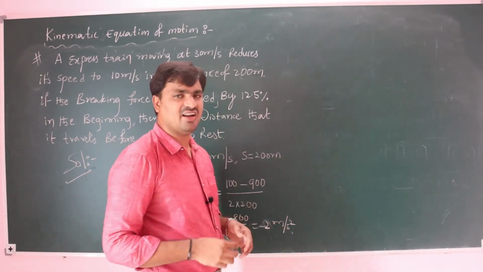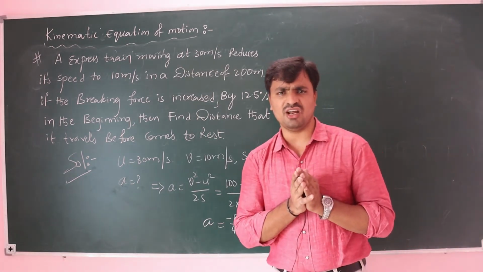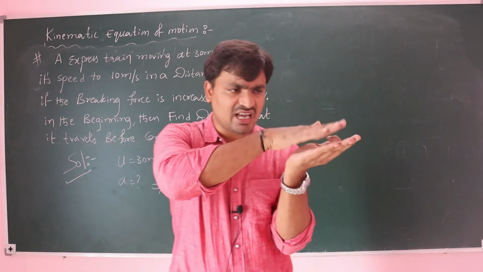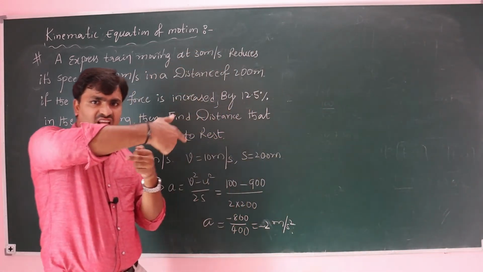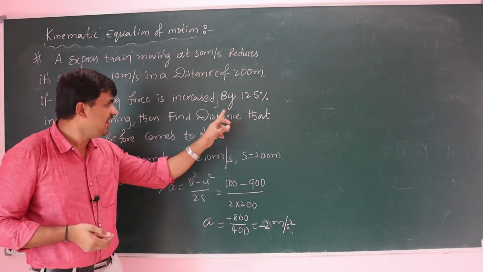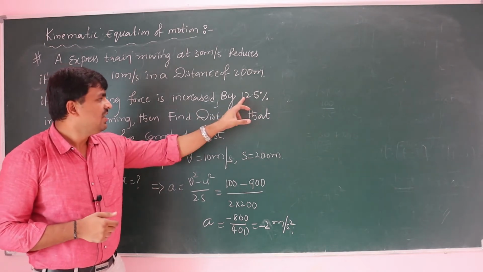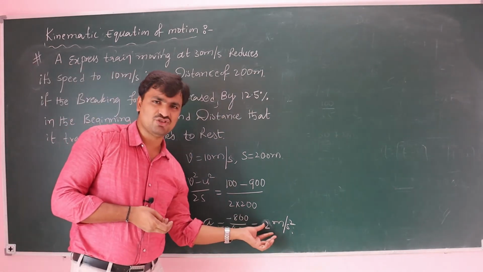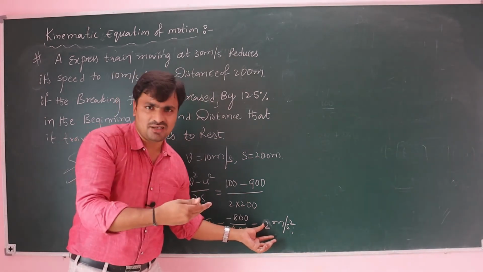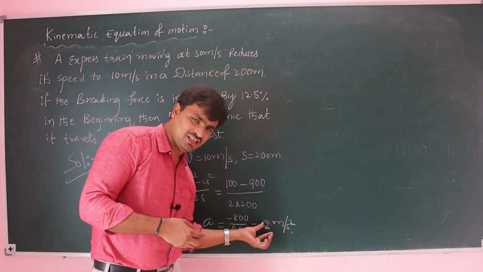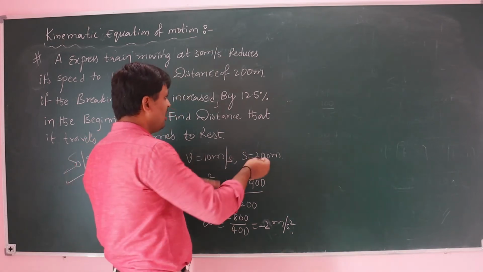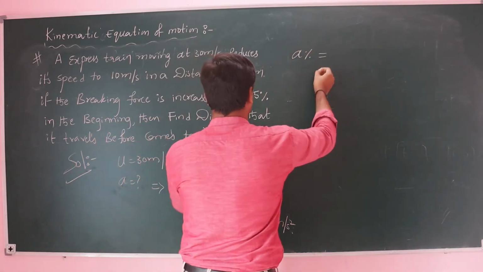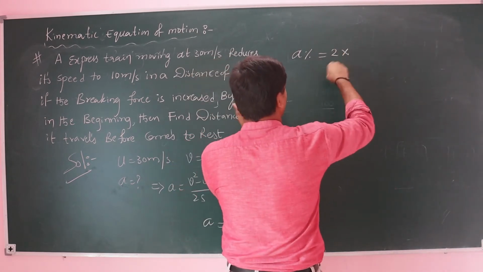This part is common and easy. But from here is the question. They mentioned the force is increased, meaning the retardation is increased by 12.5%. How do we take the percentage? The initial value is 2 meters per second squared.